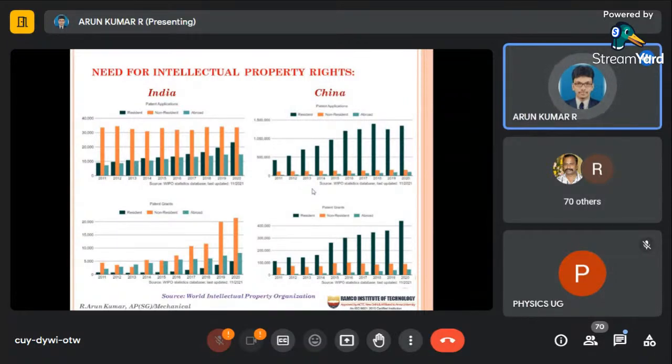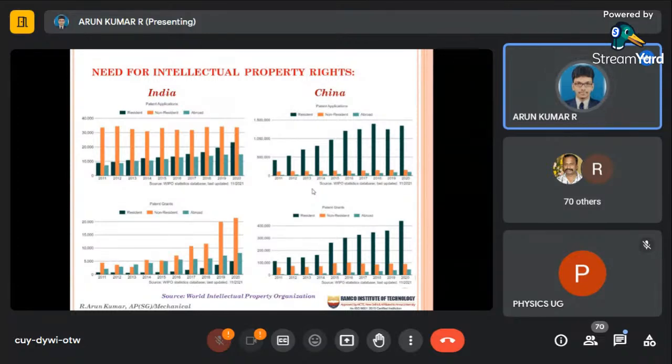The graphs at the top talk about the number of patent applications filed in India and China respectively. At the bottom, you can see the graph which talks about the number of patents granted in India and China respectively. It has been plotted across almost 10 years.